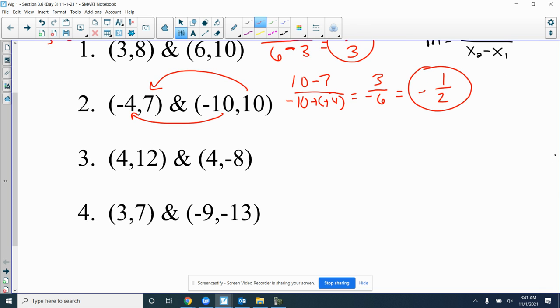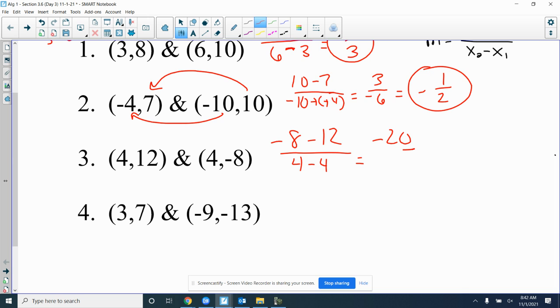Jeff, help me out with 3. All right, so what do you think? Is it negative 8 minus 12? Yes, sir. I like that start. And then 4 minus 4? What's negative 8 minus 12? Negative 20.